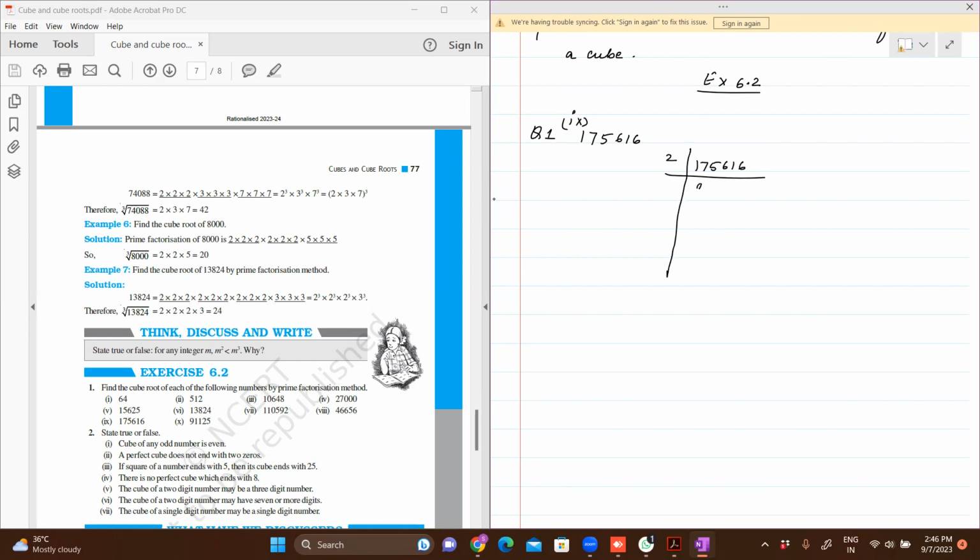It will go by 2. 2 8s are 16. 2 7s are 14. 2 8s are 16. Again by 2. Again by 2.